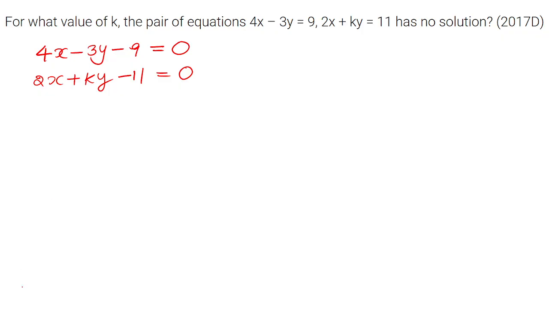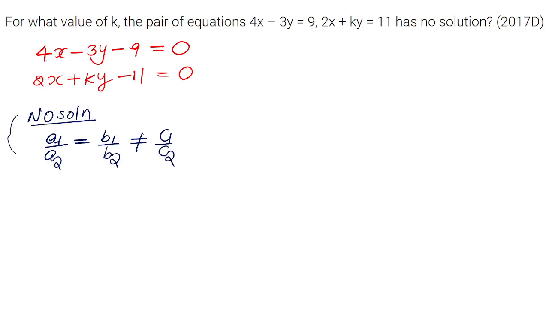In the last class we studied the condition for no solution. For no solution, what is the condition? For no solution, the condition will be a1 by a2 equal to b1 by b2 not equal to c1 by c2. This condition we studied in the previous classes.